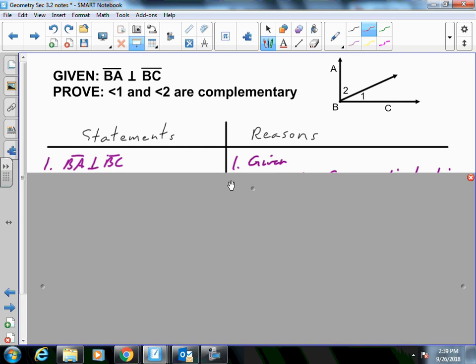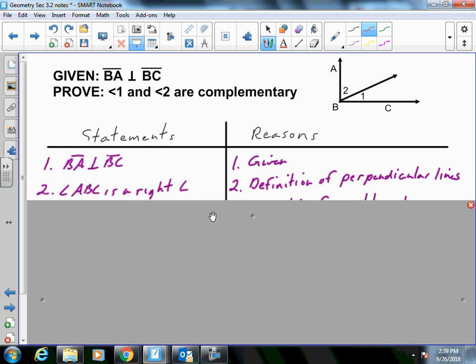They're going to intersect to form a right angle, right? Because that's what the definition of perpendicular lines says, two lines that intersect to form a right angle. So that's what we're going to use as our reason, the definition of perpendicular lines. And we're going to say angle ABC is a right angle, because if they're perpendicular lines, they have to make a right angle.